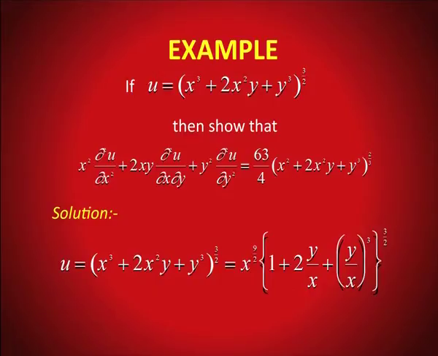Its solution is as follows: u = (x³ + 2x²y + y³)^(3/2) can be represented in the form of a homogeneous function as x^(9/2) multiplied by (1 + 2(y/x) + (y/x)³)^(3/2).